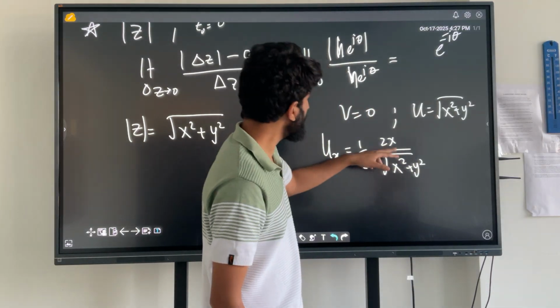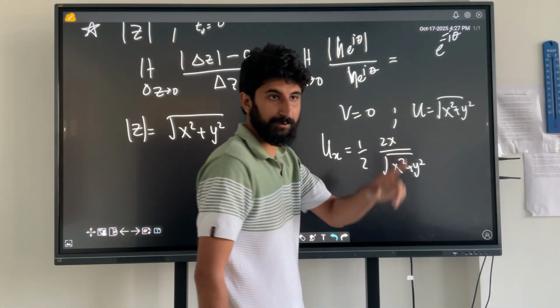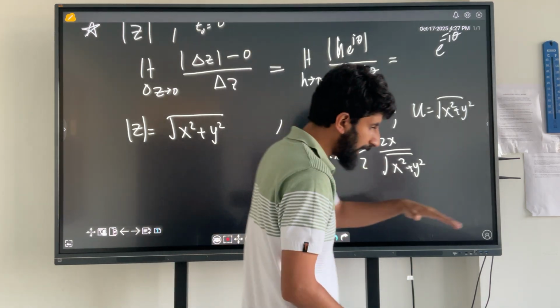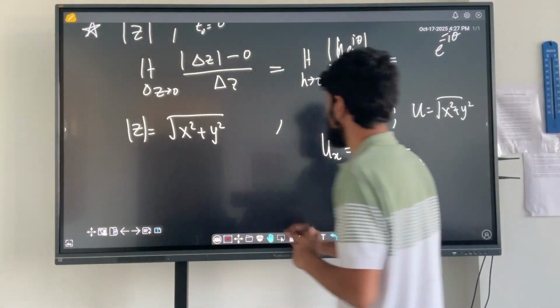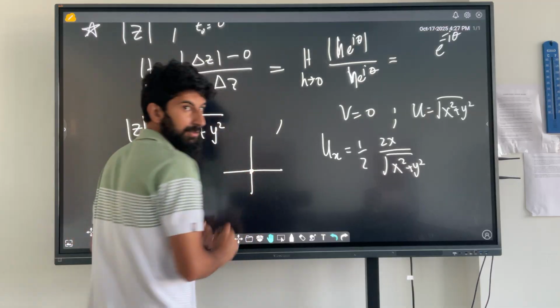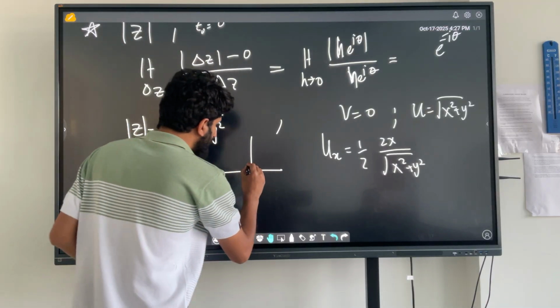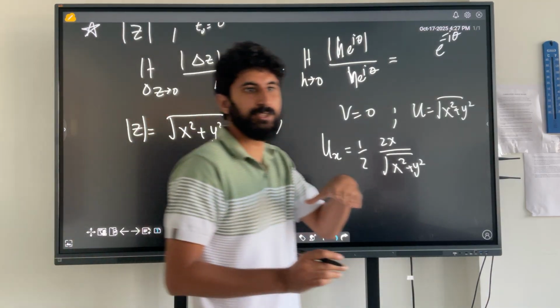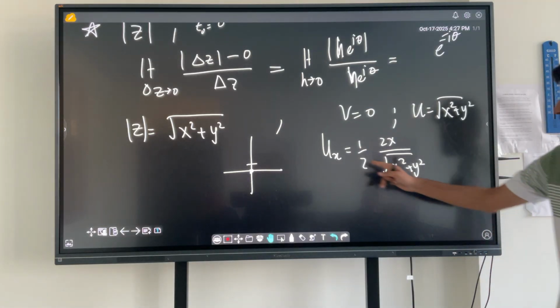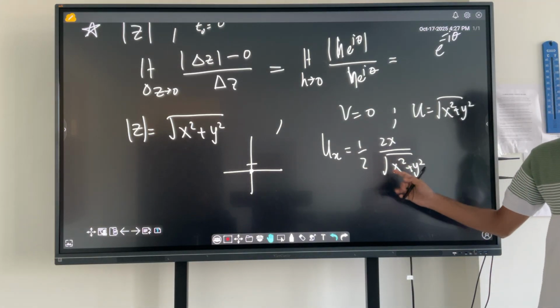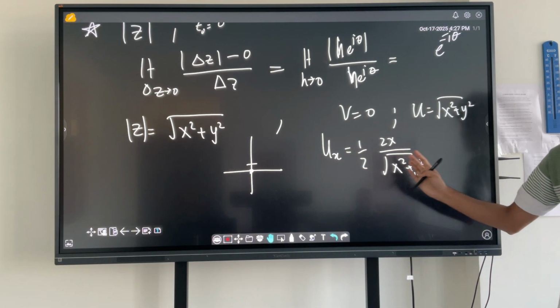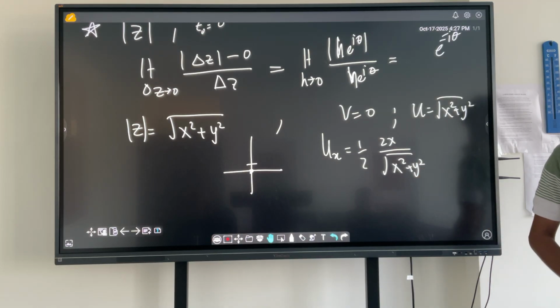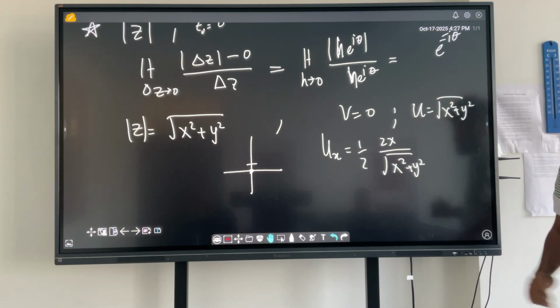Good point here. If my y was away from 0, a bit away, not really 0, then what is u_x? It's 0. And what is v_y?